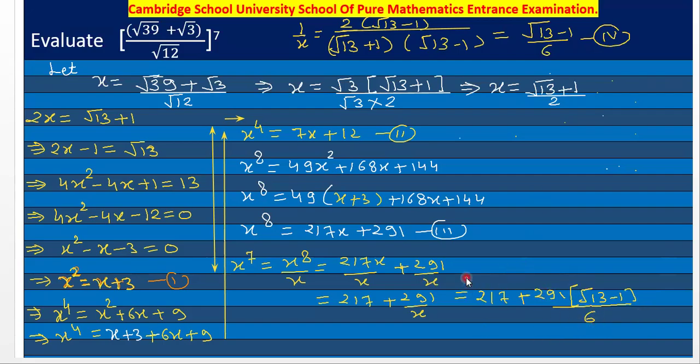On further simplification, we have to go to this side because of the problem of space. So I'm taking 217 here as it is, plus, cancelling this one, that is 97 upon 2 into square root of 13 minus 1.